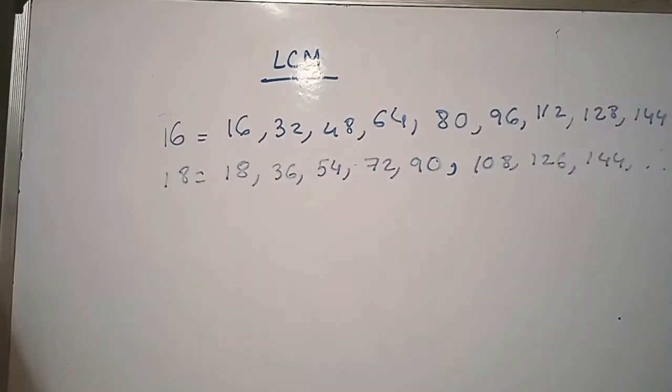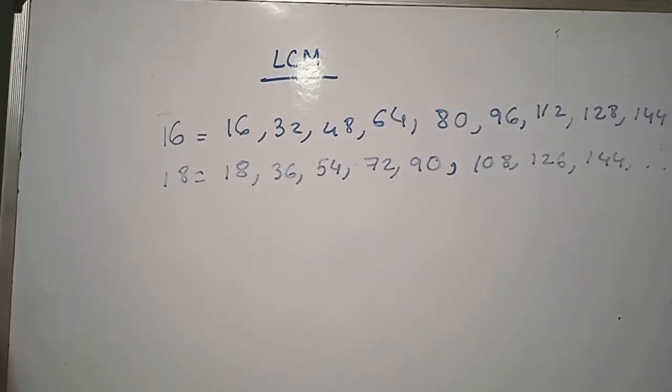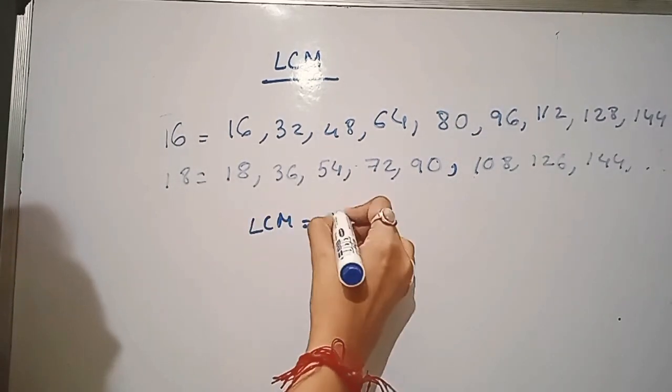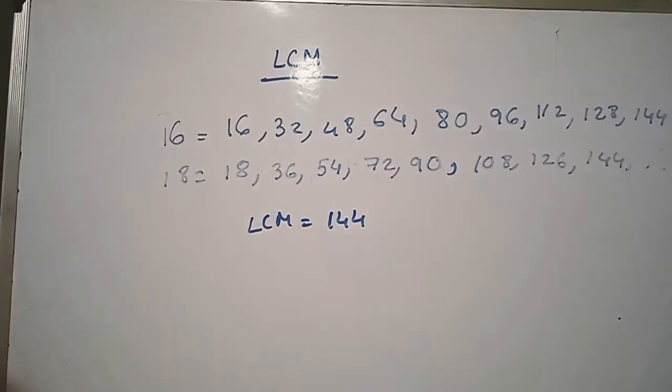As I can see, 144 is the only common multiple and this is the least one. So the LCM of 16 and 18 is 144.